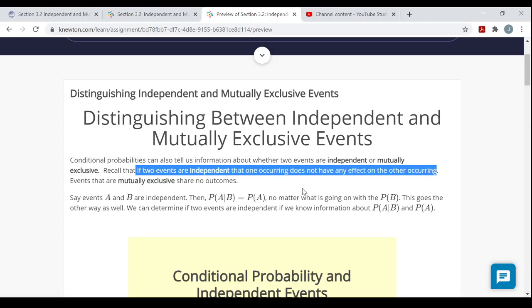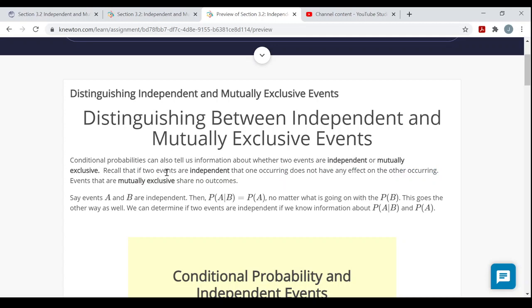Two events are independent means that one occurring does not have any effect on the other event occurring. So if one event happens, it has no effect whatsoever on whether or not the second event happens.